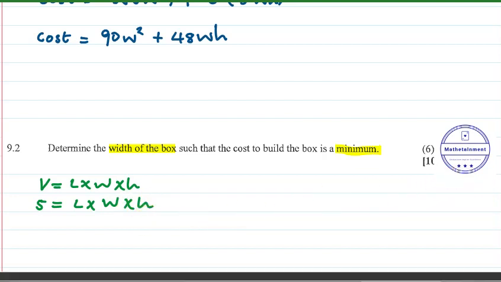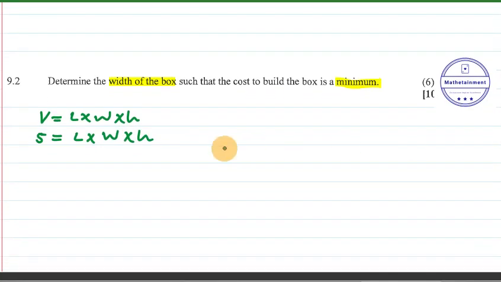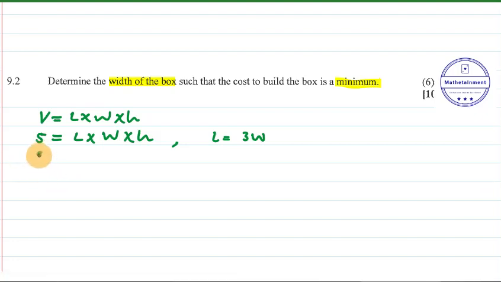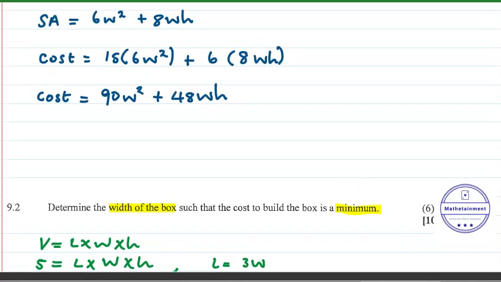One thing that we know also is that we can write L as 3W, meaning we can still continue here, because normally this is what we should work with. So we want to find this one that will minimize the cost.